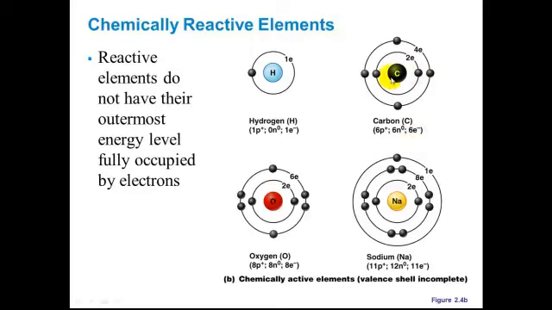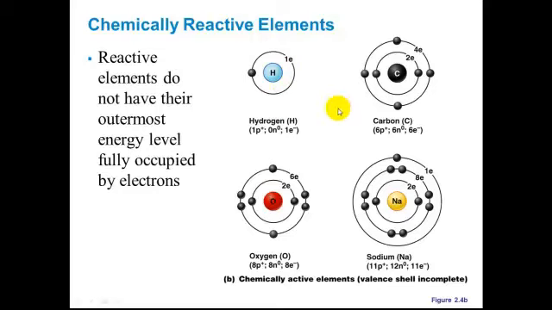So here we see 1, 2 in the first shell, 1, 2, 3, 4 in the second shell. Oxygen has 6 electrons in its valence shell, and sodium has 1 electron in its valence shell. So all of these will react in a way as to try and achieve 8 in their outer shell, with the exception of hydrogen, which will try to either achieve 2 or, interestingly enough, 0.